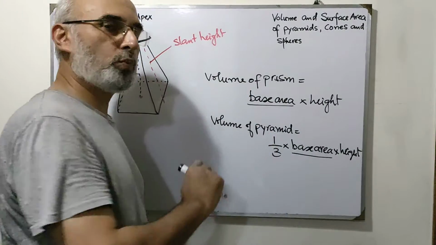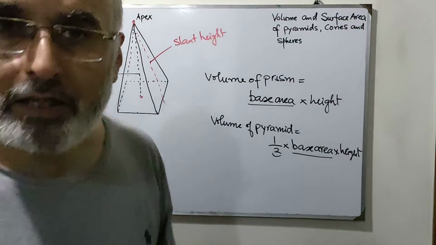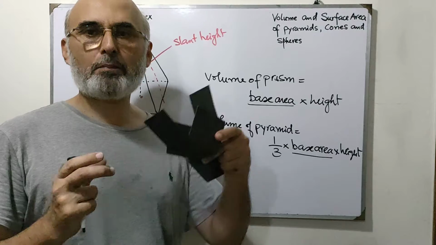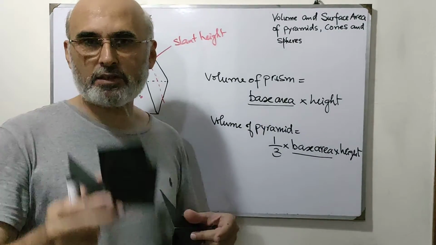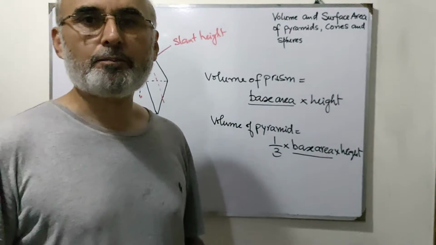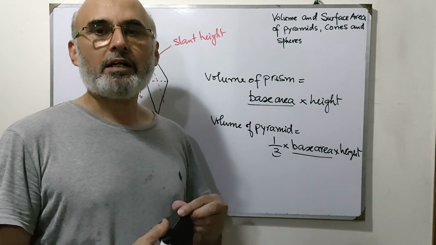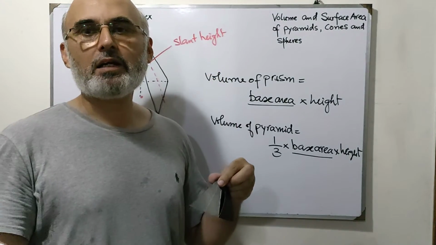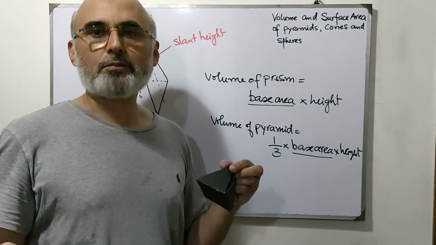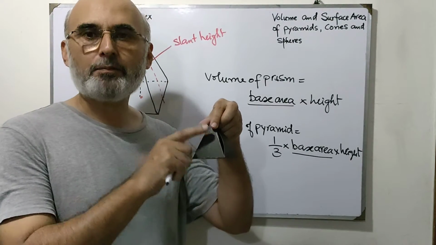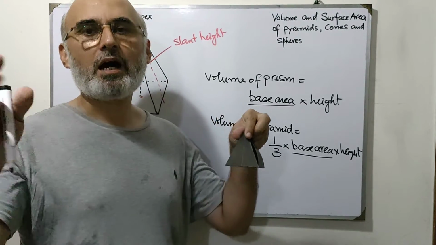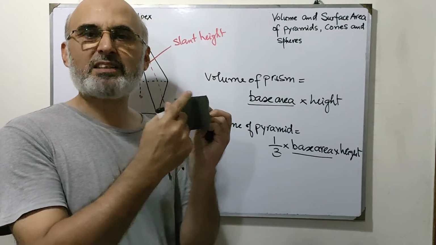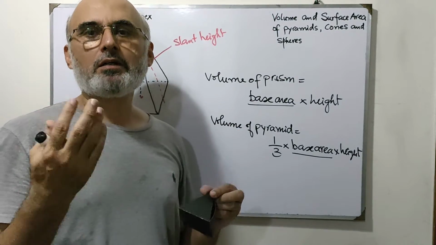Now why is this 1/3? When we talked about the cubic prism, if you make a model and fill them with sand, you can do the experiment and see that 3 pyramids of the same base will fill the cubic prism of the same base. 3 filled pyramids will fill 1 cubic prism with the same dimensions.